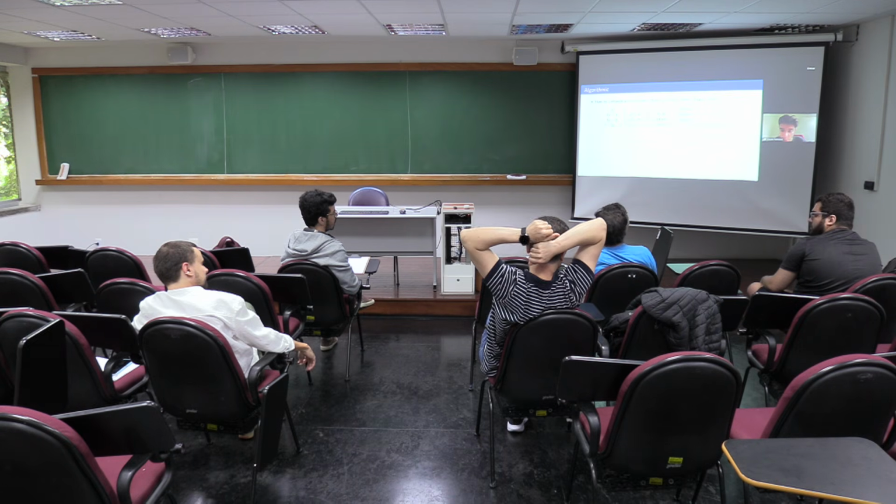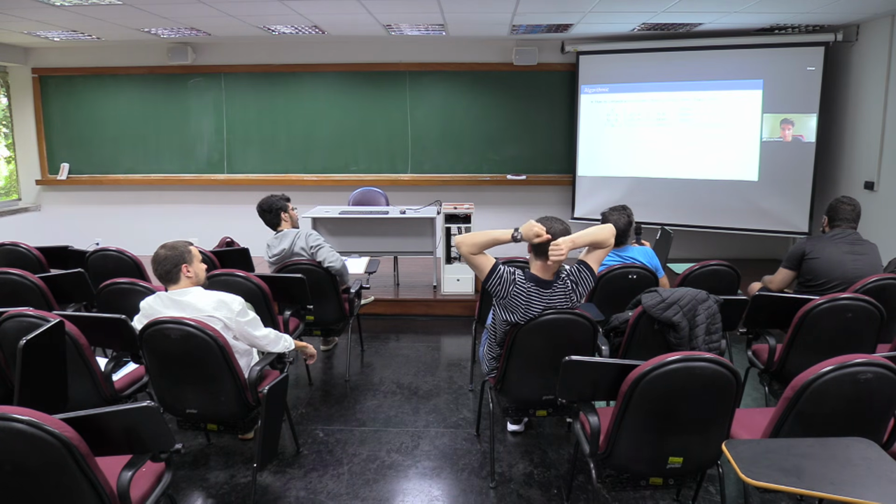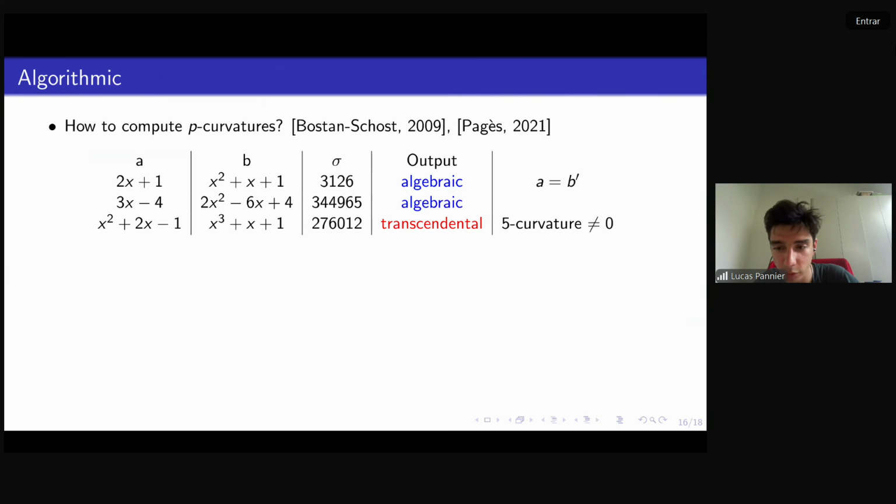So with our method, we hope to have some smaller sigma, but we don't know how low we can go. However, as I said as an observation in the beginning, we can hope, probably with other methods, to have a much smaller sigma, because here the 5 curvature already does not vanish, and so we can already conclude.